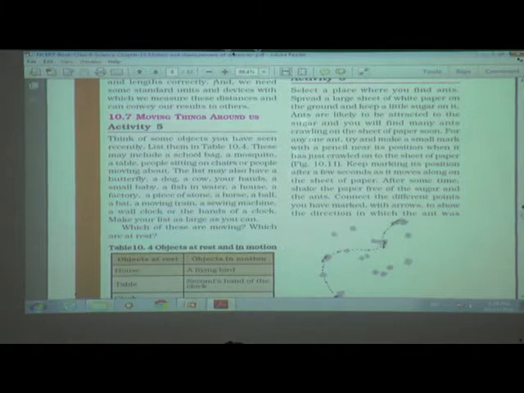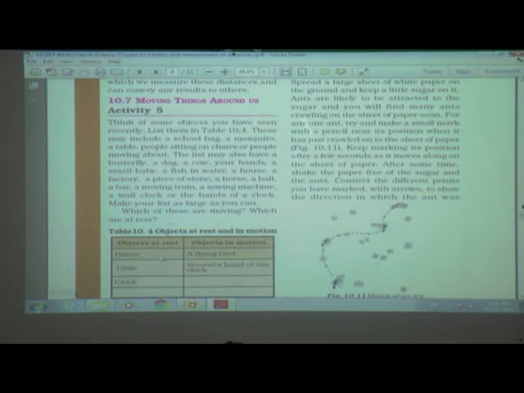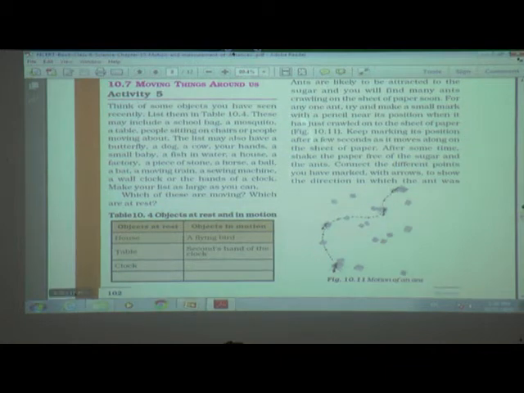The list may also have a butterfly, a dog, a cow, your hands, a small baby, a fish in water, a house, a factory, a piece of stone, a horse, a ball, a bat, a moving train, a sewing machine, a wall clock, or the hands of a clock. Make your list as large as you can. Okay, so students, just write the objects that you have seen recently in your surroundings.